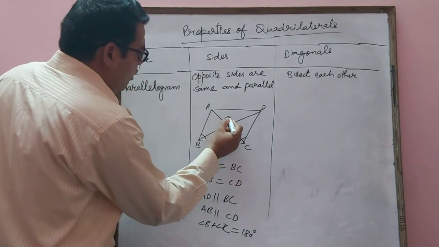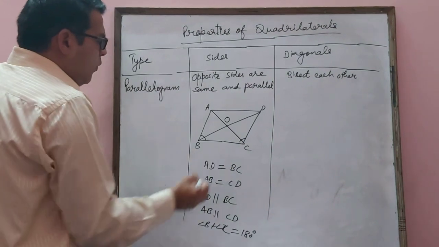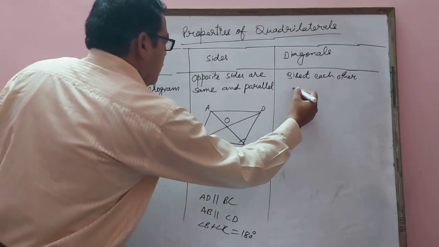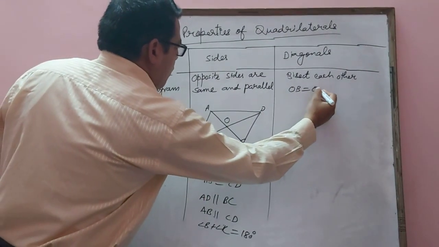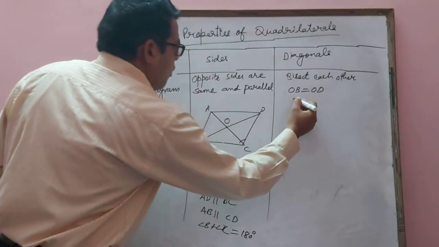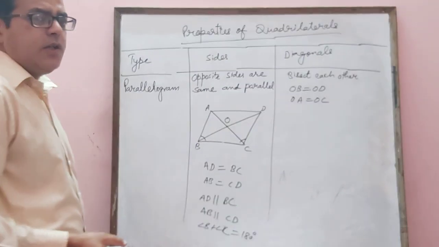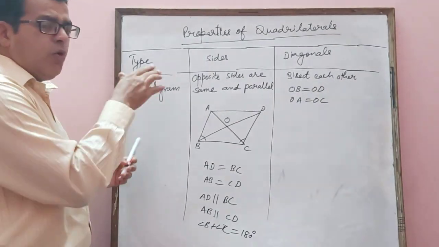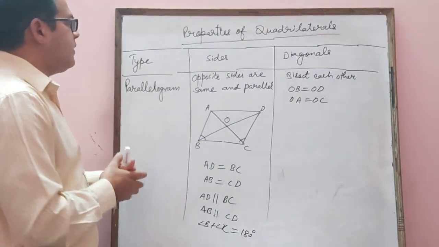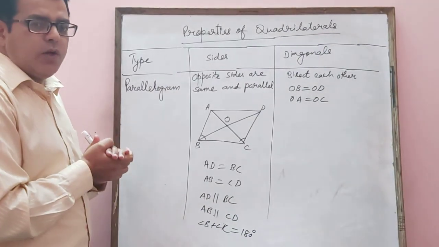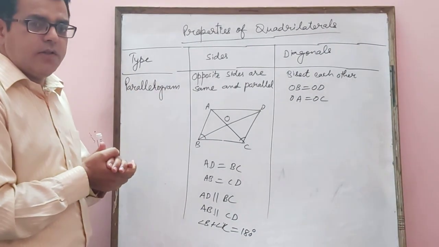Suppose this is the point of intersection O. So we can say that OB equals OD and OA equals OC. Right? You should know all these properties regarding the parallelogram. That's why I am discussing it.